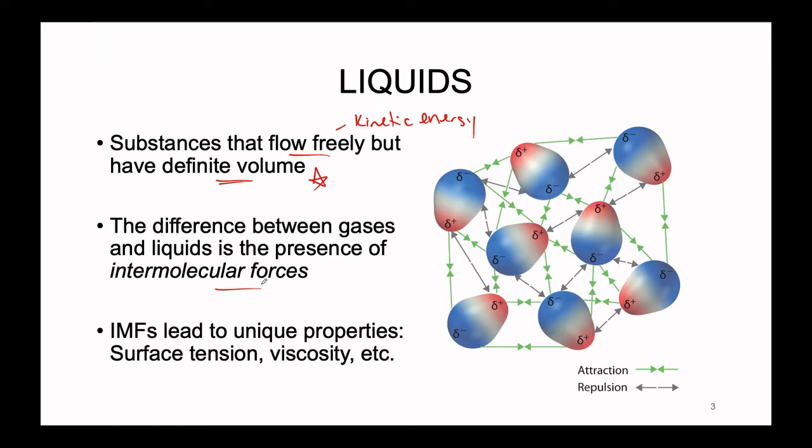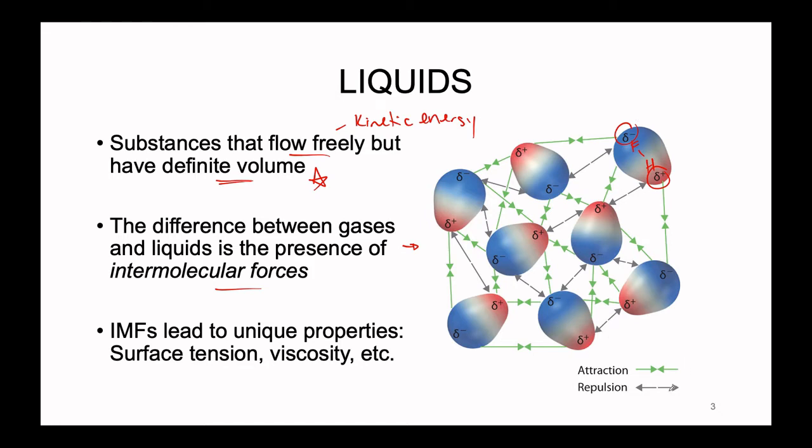The big differences between gases and liquids are due to the molecules' abilities to attract or repel one another in the liquid case. So this is what we can see in the diagram on the right here. Each of these molecules are HF molecules. So we have definite dipole moments, a partially positive charge on the hydrogen, a partially negative charge on the fluorine.